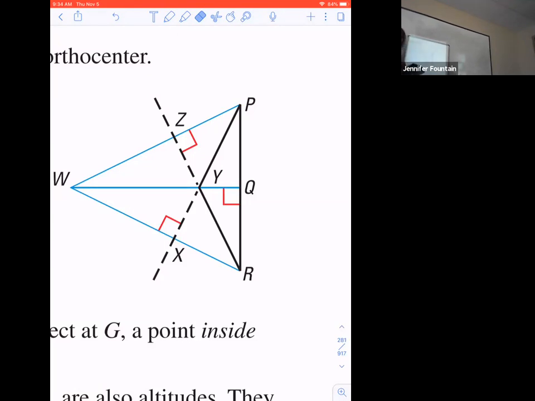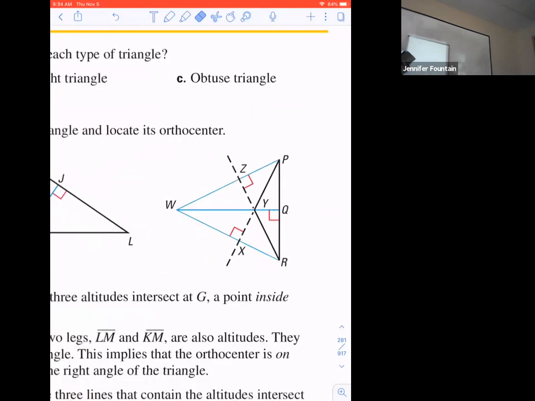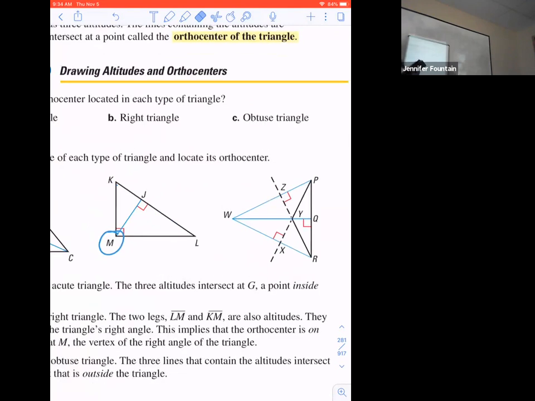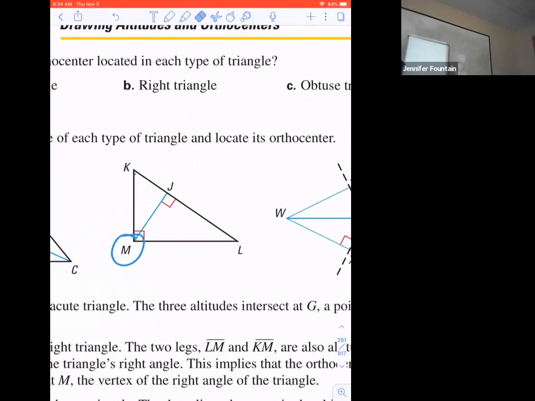Oh, duh. Okay, sorry. Basically this obtuse triangle is like two right angles, right? If we look back at our right triangle, remember we talked about how this is one of our altitudes and this is one of our altitudes.